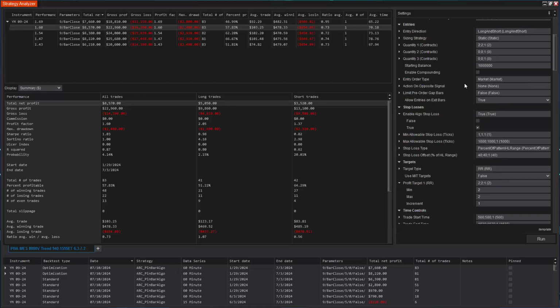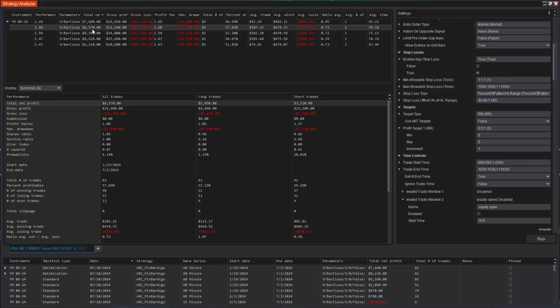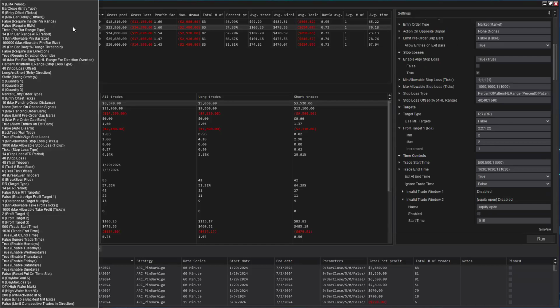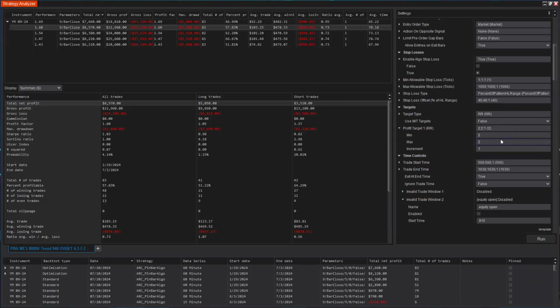So we've got auto break even, trail trigger, 40 ticks on that one. This one was break even at 30, 45.